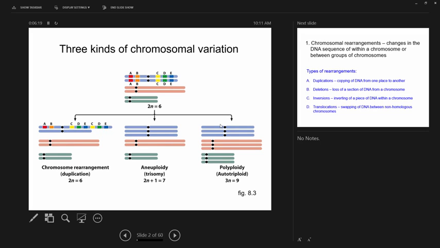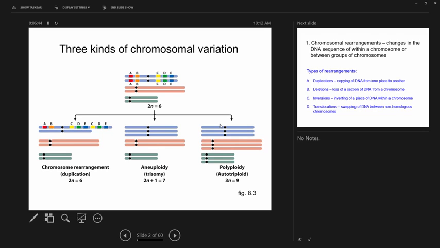So here is polyploidy. This is a triploid. So everybody has 3. I'm going to cover it and say this again, but I want to say it now so you kind of get it in your head. Trisomy is when you have 3 of one chromosome. Triploid refers to the ploidy of the entire organism, so everything.